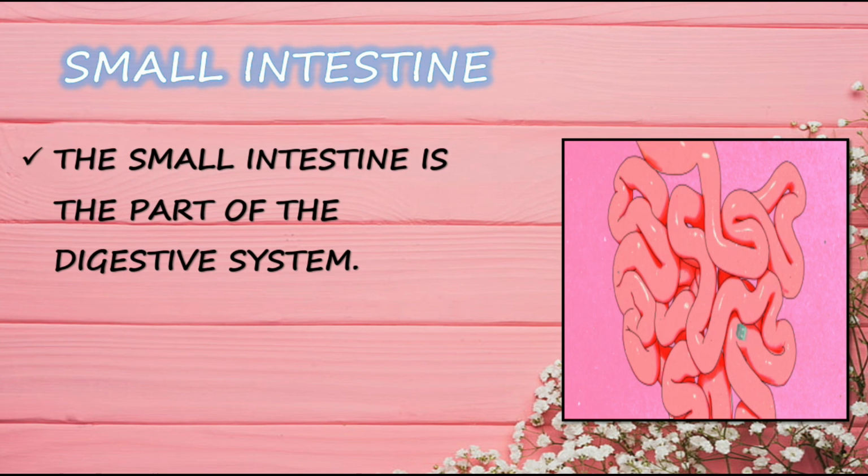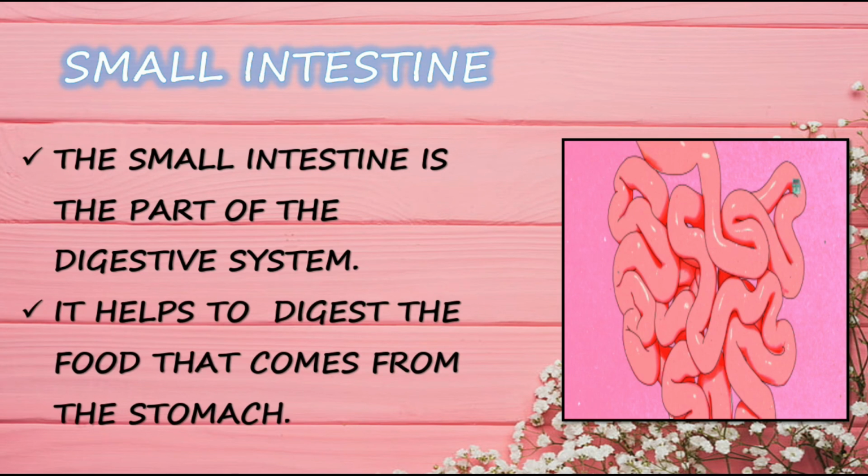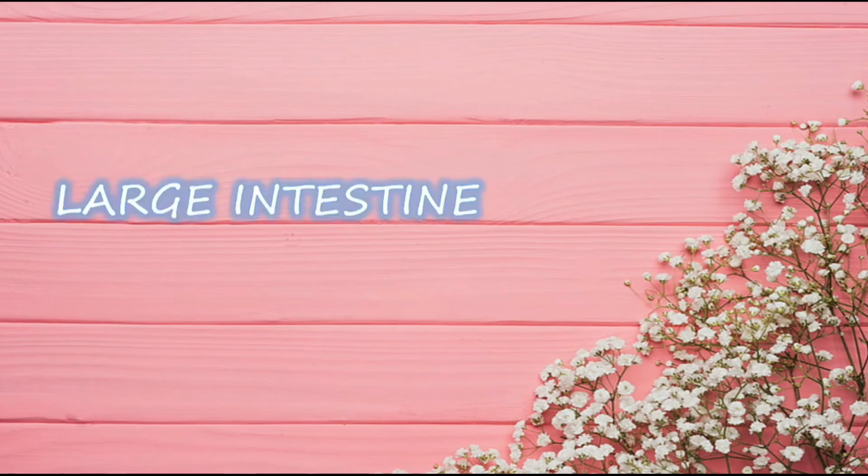So the small intestine acts as the main part of the digestive system. It helps to digest the food that comes from the stomach. Where does the food flow from? It flows from the stomach to the small intestine, where in the small intestine the digestion takes place.